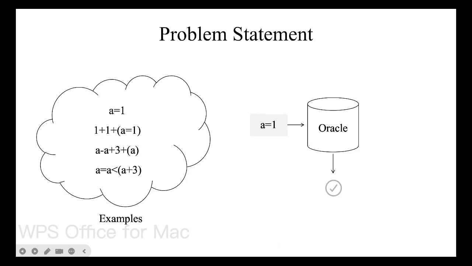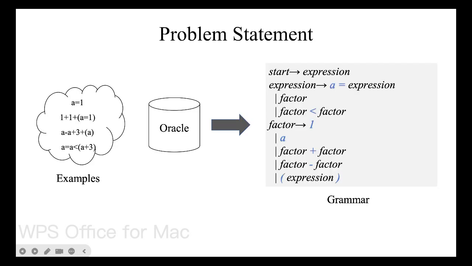Our work is based on some examples and a oracle. We can check an input's validity with the oracle. Here is a valid input, and here is an invalid input. We try to infer a grammar from some examples and an oracle.